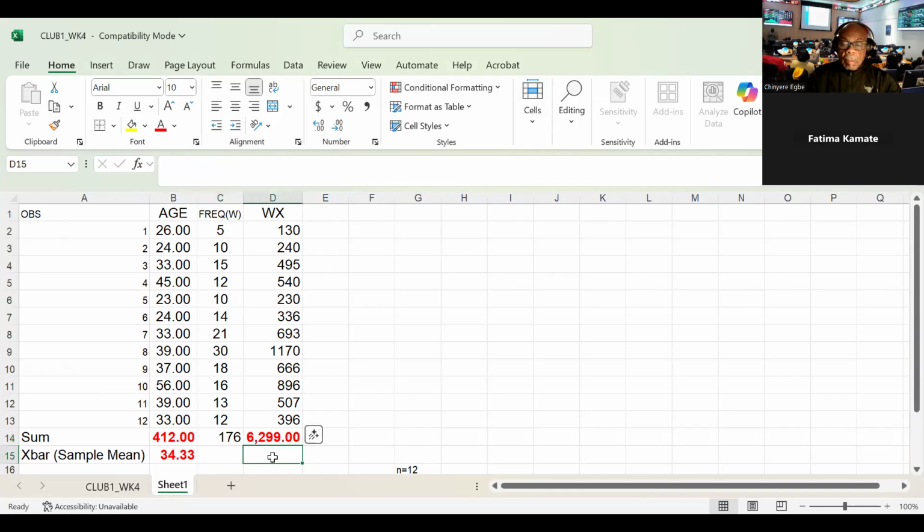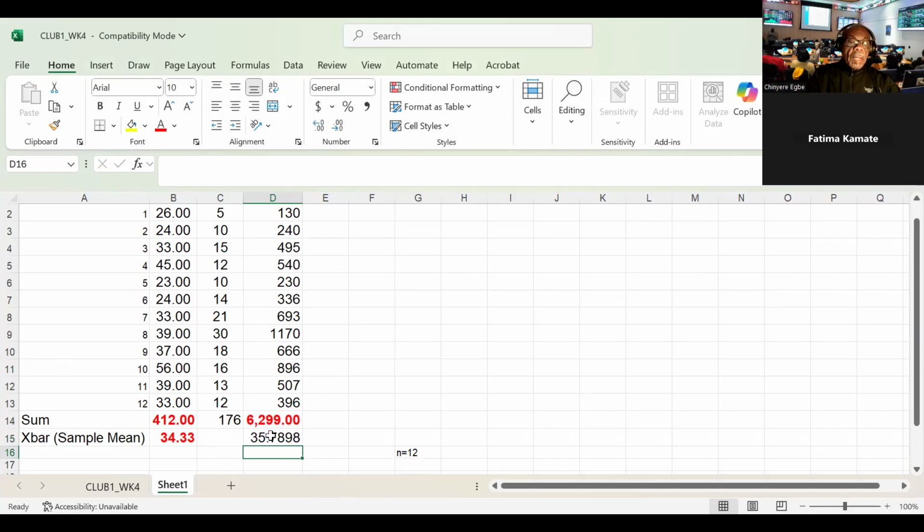And so we say the sample mean is equal to D14 divided by C14, which is the number of people in the group. So now you can see that the average age is 35.7898. So now this is what we call the sample mean.